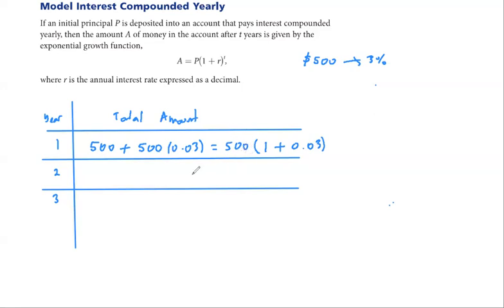So the principal. And if I do the same thing one more time, I will get this number times 103%. 103% is just exactly the same as this one. So for the second year, after the second year, the total amount we should be expecting to get as a whole, principal plus interest, is this. So 500 times 1 plus 0.03. This is the amount that we had after the first year, but we have to multiply this number by 103%.